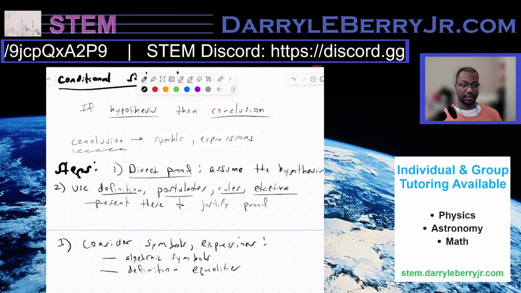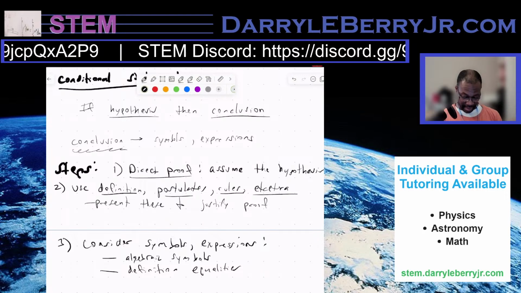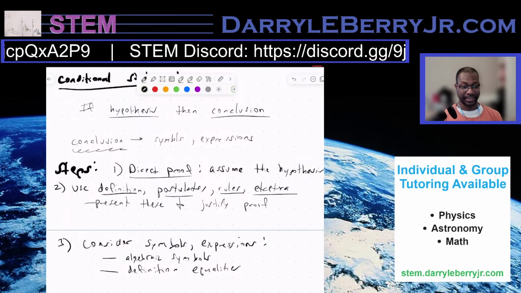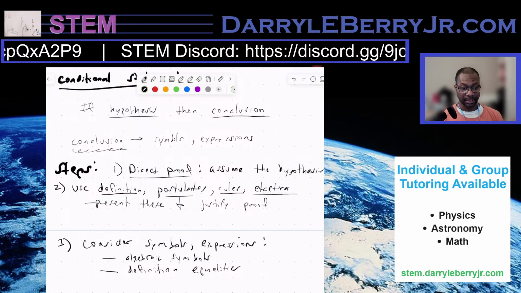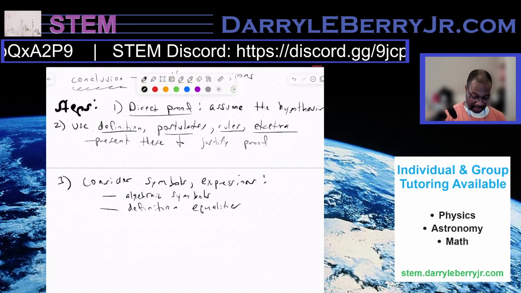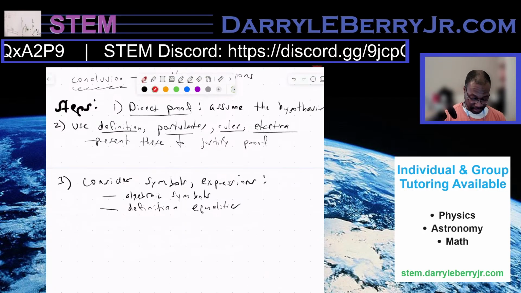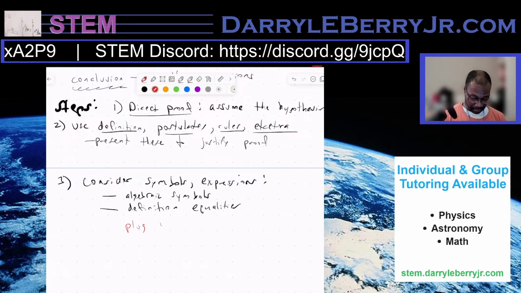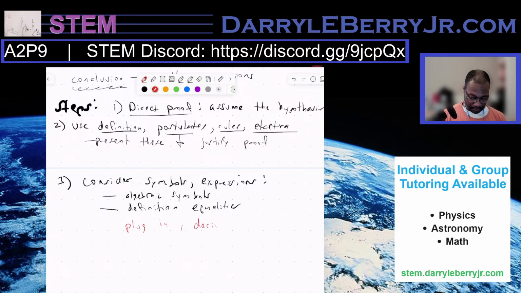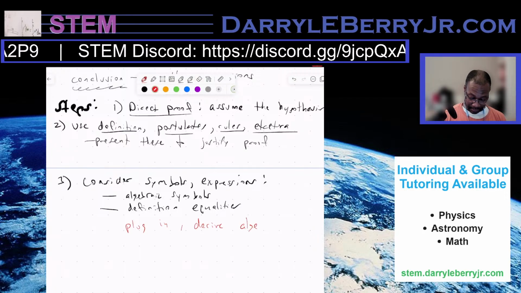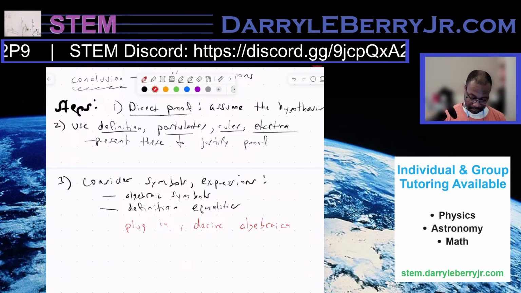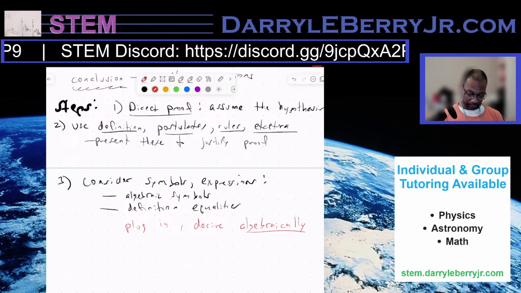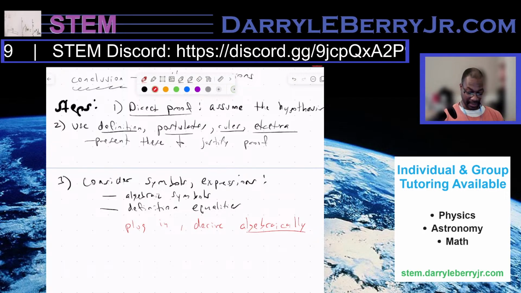Right? So consider these symbols. Symbols, expressions, algebraic symbols, definitions, equalities. And we want to plug in and derive the solution. This is the solution, derived algebraically. So plug these in and derive.